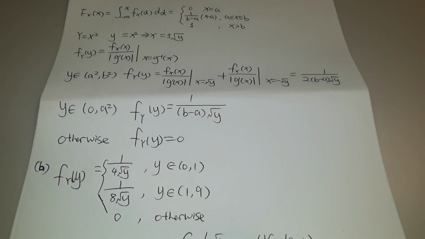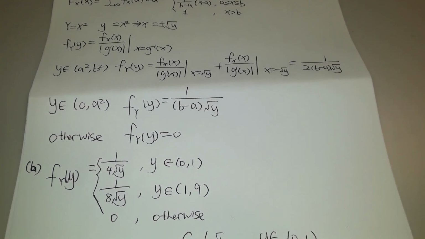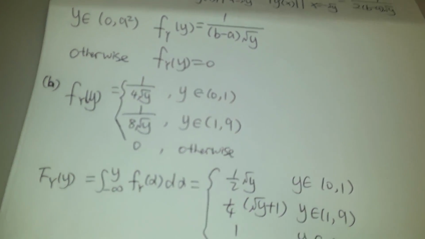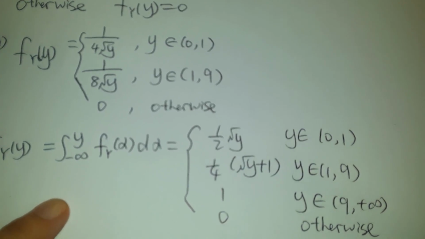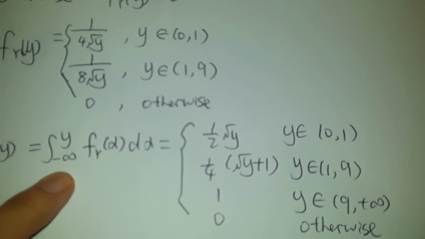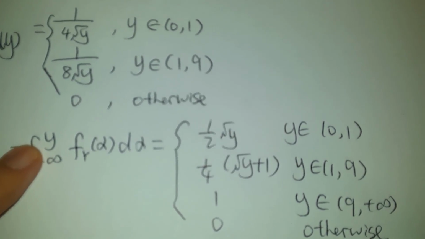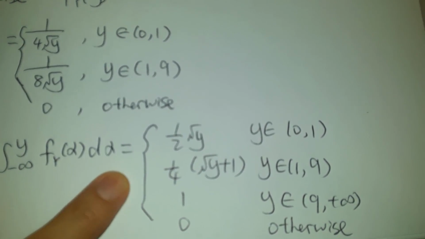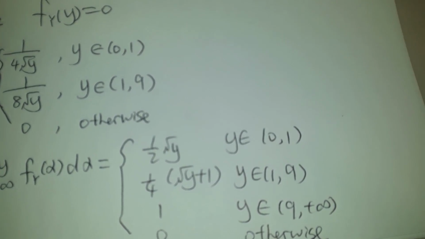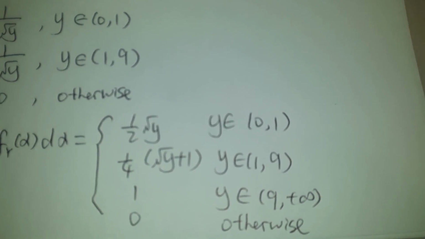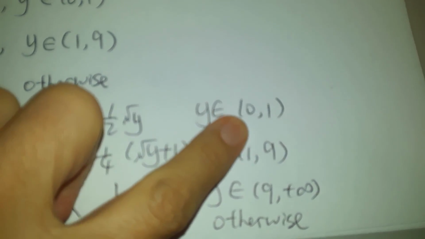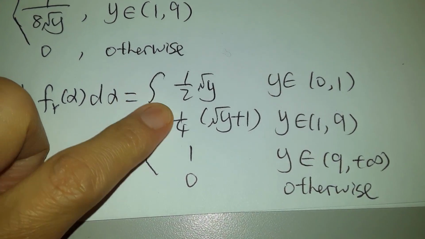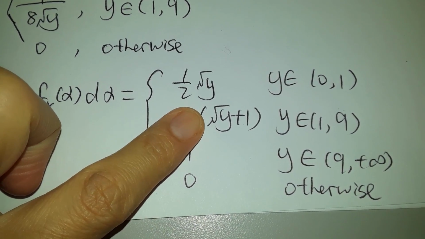Now, given the distribution function formula of f_Y(y) equals the integral from minus infinity to y of the density function f_Y(alpha) d alpha, when y is ranging from 0 to 1, the distribution function equals a half times square root of y.